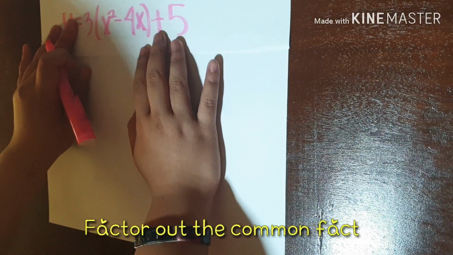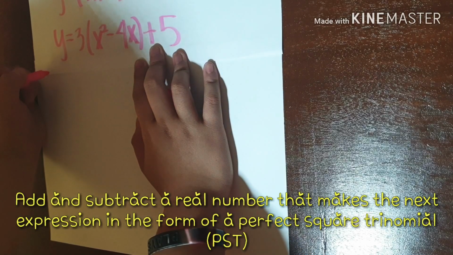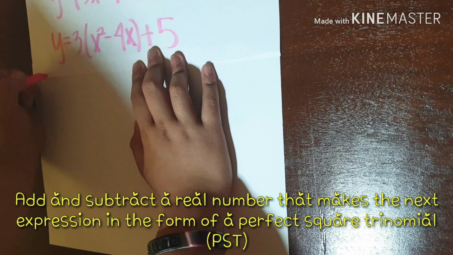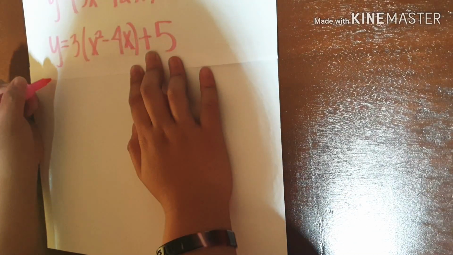Next, I'm going to factor out the common factor and add and subtract a real number that makes the next expression in the parentheses a perfect square trinomial, or PST.